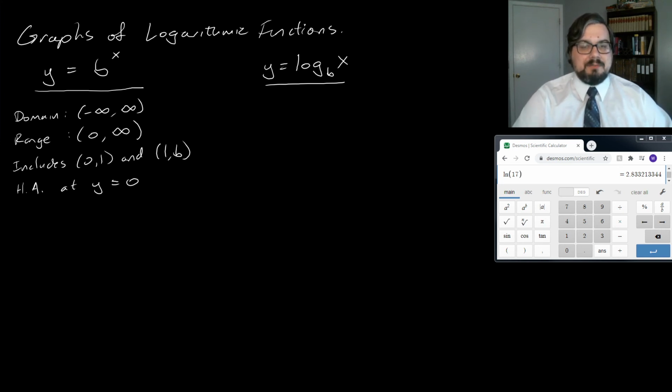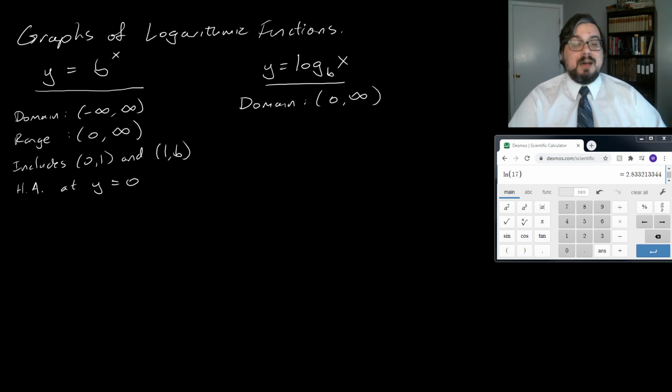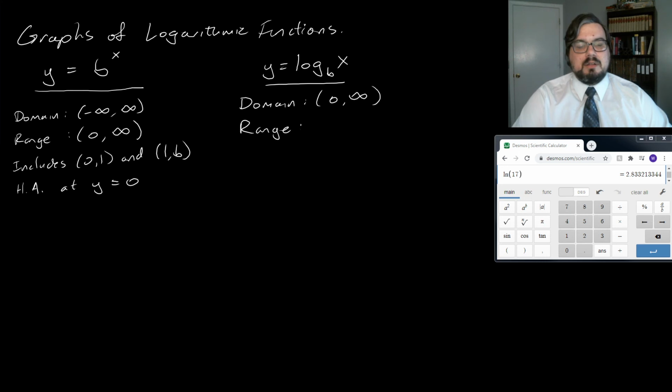So the logarithm's domain is the same as the range of the exponential, from 0 to infinity. The logarithm is only defined for positive numbers. The range of the logarithm is the same as the domain of the exponential, which is negative infinity to infinity.